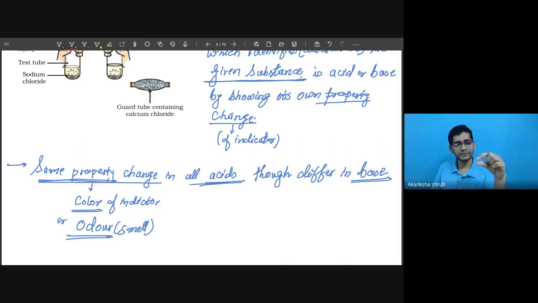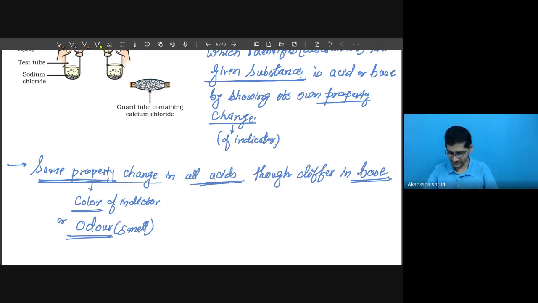Example, if you are putting clove oil in acid, it will generate a different kind of smell and you can sense it. But if you are putting this clove oil in the base, NaOH, it will generate an entirely different kind of smell. Though you are putting the clove oil in the two chemicals, the smell generated will be different and you can smell it.